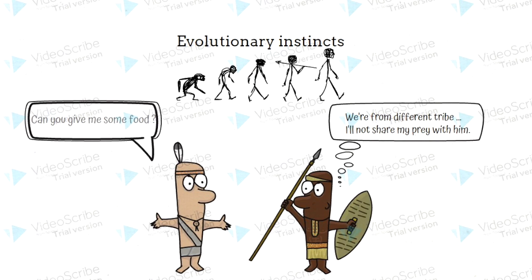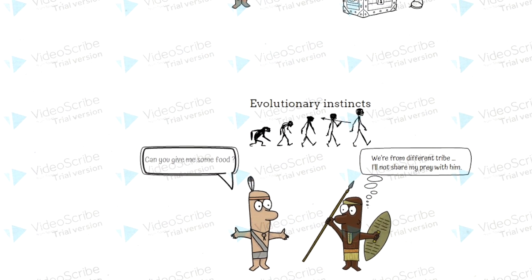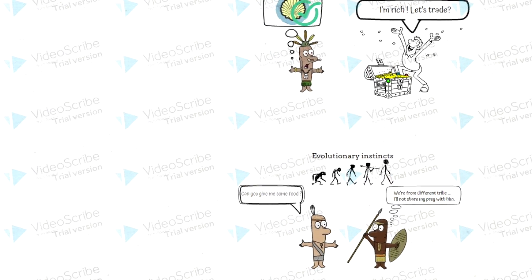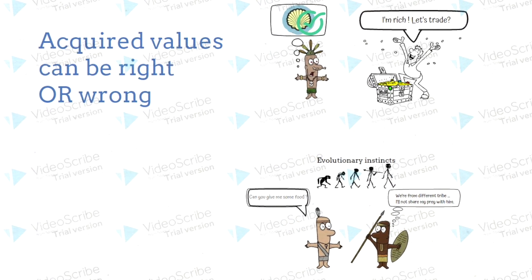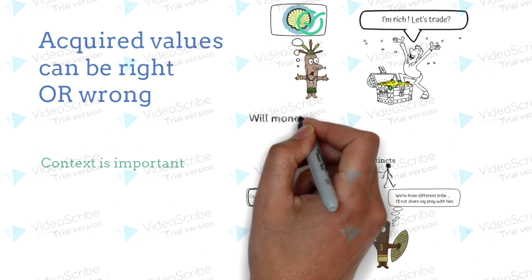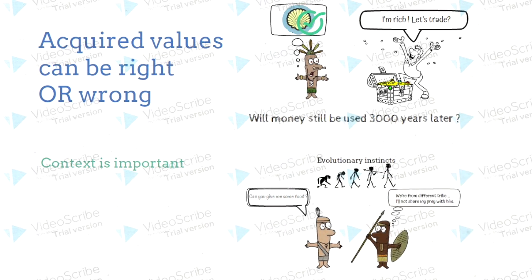So values acquired from evolutionary processes can also lose their validity when the environment changes. Since acquired values can become right or wrong depending on the contexts, disagreements on such values can be resolved by examining whether the underlying processes that produced them are still relevant.